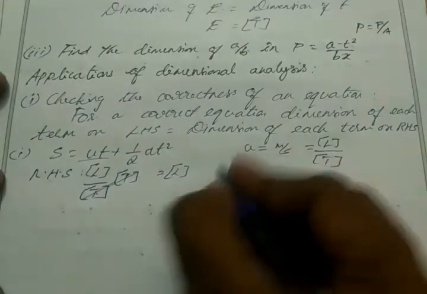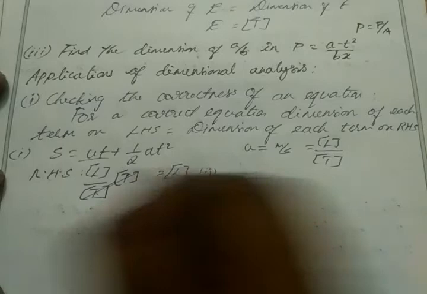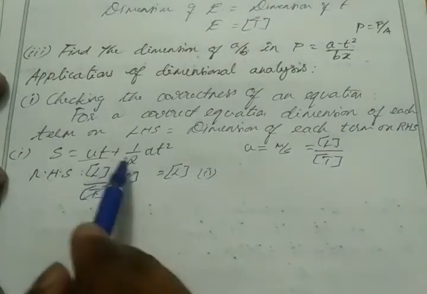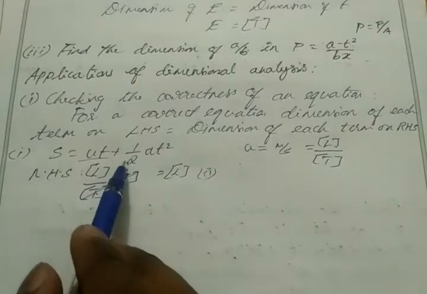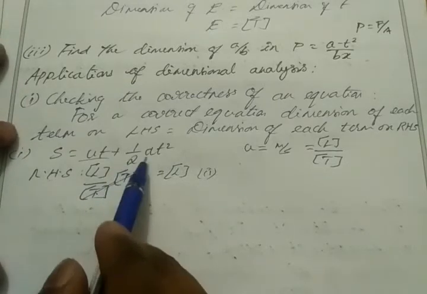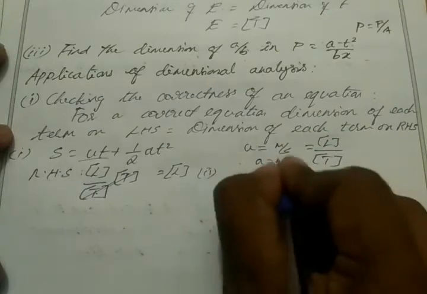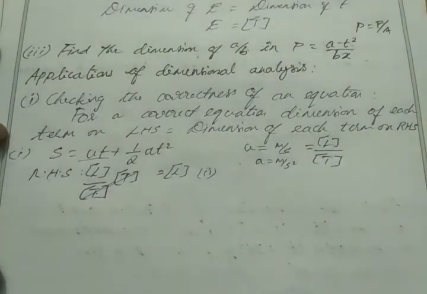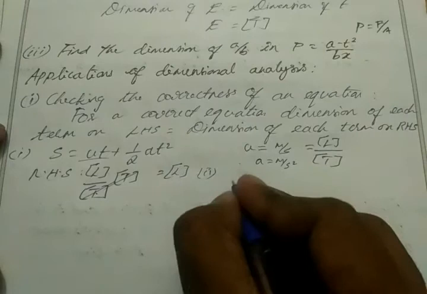Then for the second term, I have half at square. Leave the half as it is, it is a constant. It doesn't have any dimensional formula. Then acceleration. What's the unit of acceleration? a equal to meter per second square, correct. So for this, I have to write the dimensional formula.